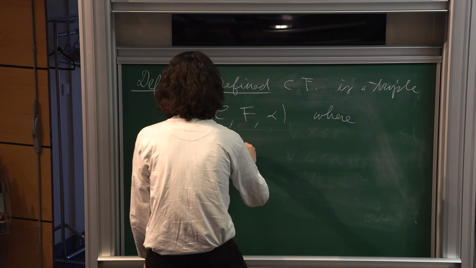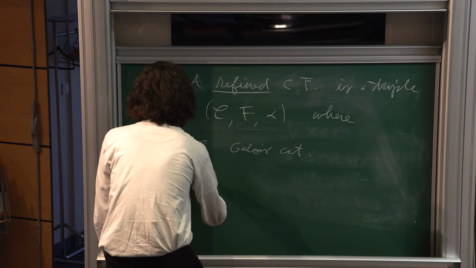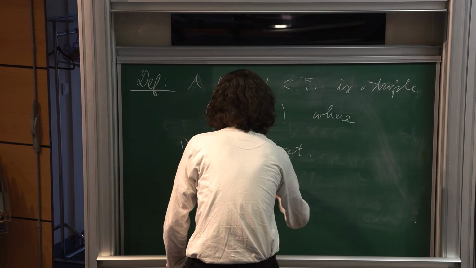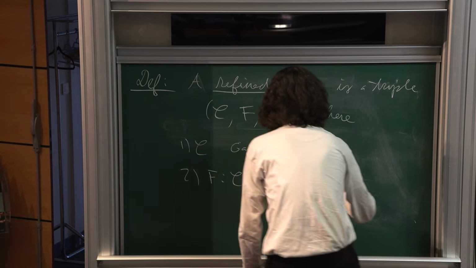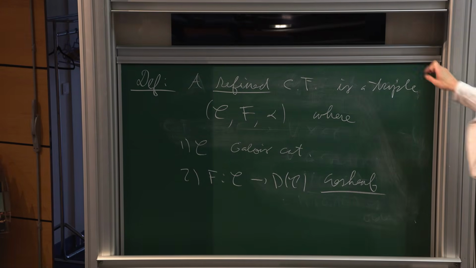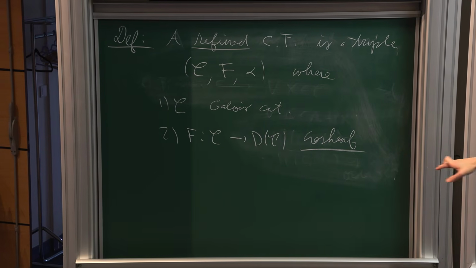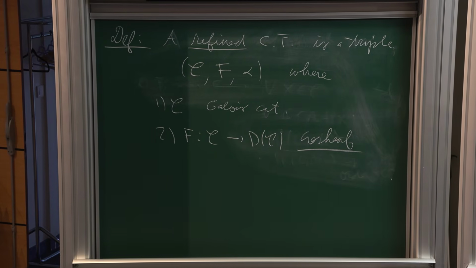C is a Galois category, as before. 2, F will be a co-sheaf. I'm going to switch from sheaf to co-sheaf. So it's a co-sheaf on C with values in the derived infinity category, if you like.